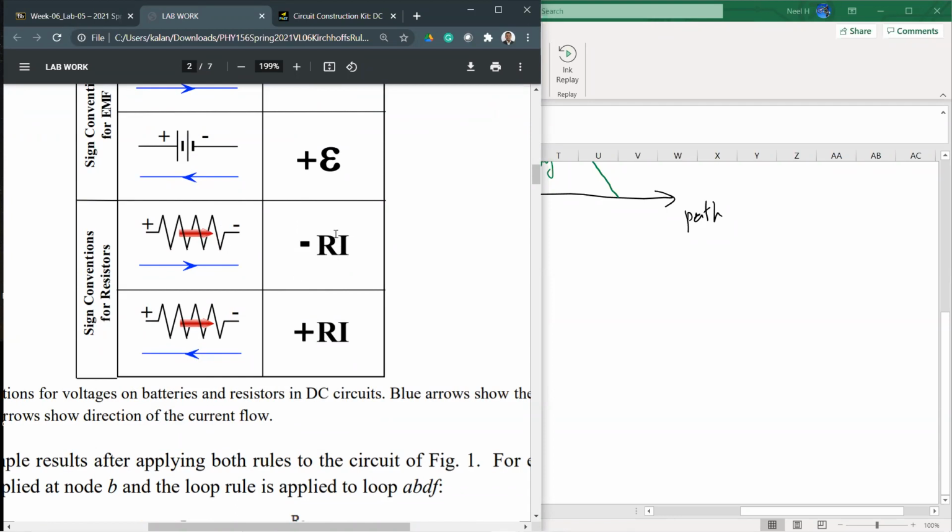So that comes with the negative. But if you go in the opposite direction to the current, you go from lower voltage to higher voltage, with the higher voltage being the final. Then this is actually positive, because the voltage difference is always final minus initial, right? That's the idea.